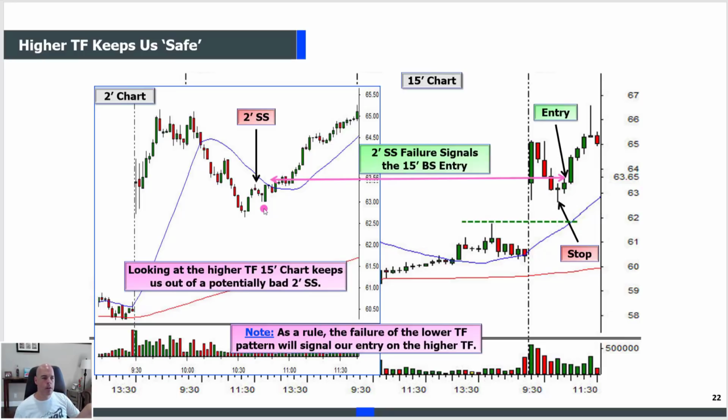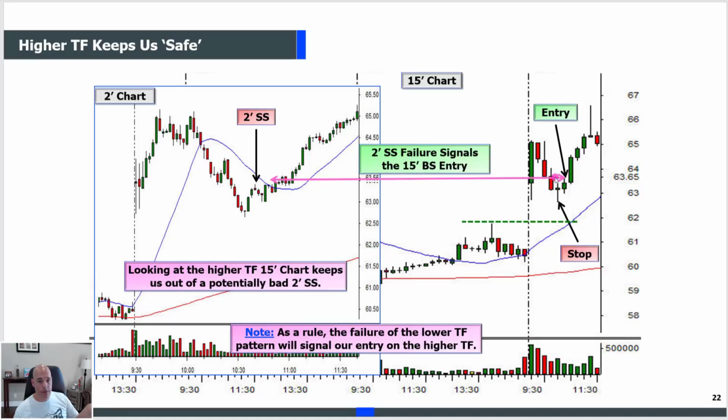What happened here was you took a sell setup that was against the higher time frame trend. The higher time frame was setting up a buy setup. So the failure of the 2-minute sell setup is confirming the 15-minute buy setup.